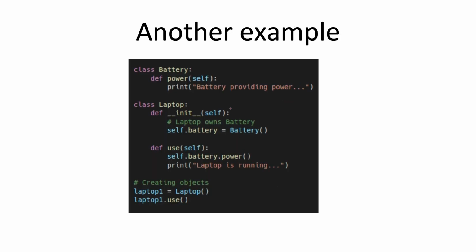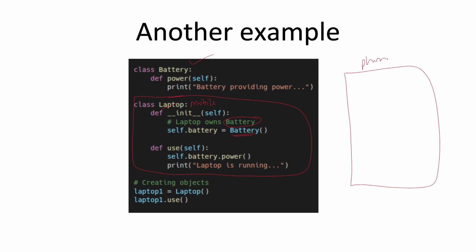Another example you can see: suppose you have a laptop, and your laptop contains a battery. So this is a battery class and I am creating a battery object here. Similarly, your mobile will also contain one. Some real life objects, for example a cell phone, has a battery. So this is containership.